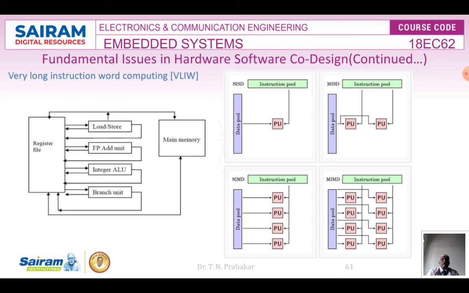There will be some data manipulation devices, something like loading and saving. Then there is a floating point add unit, and an integer ALU, which can process only integer data. Then the branching units, controlling and moving the control to different locations, that's called branching.